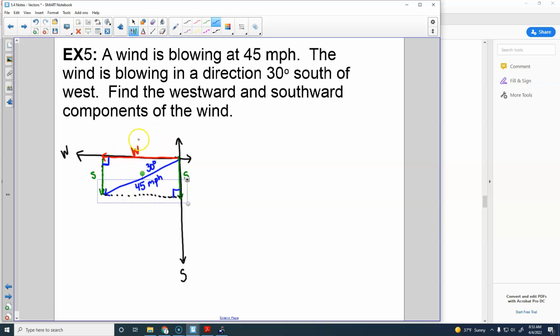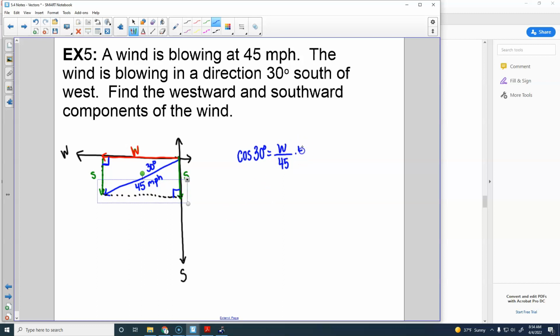This side right here, west, would be my adjacent side, and 45 would be my hypotenuse. Summer, which one am I going to use if I've got adjacent and hypotenuse? Cosine. So we will do cosine of 30 degrees equals adjacent, which is our W, over hypotenuse, which is 45.